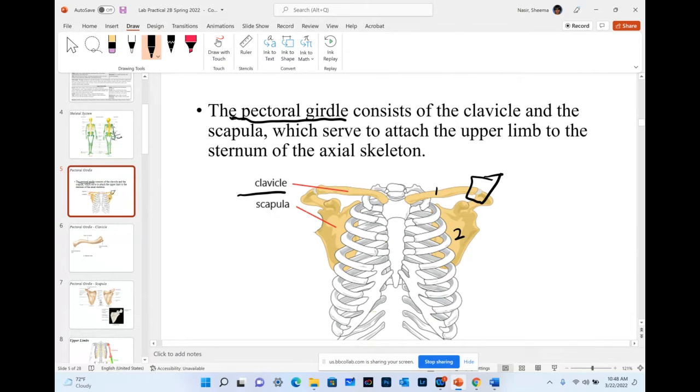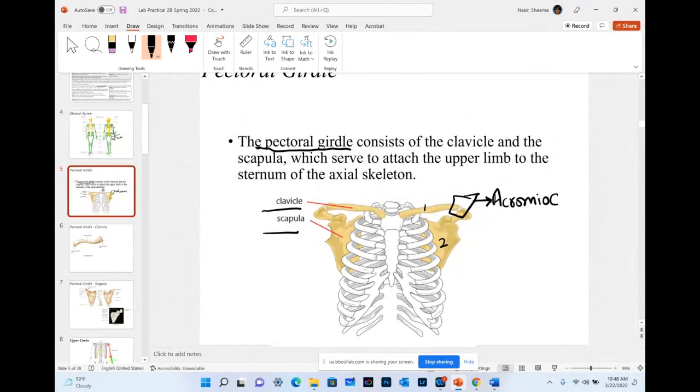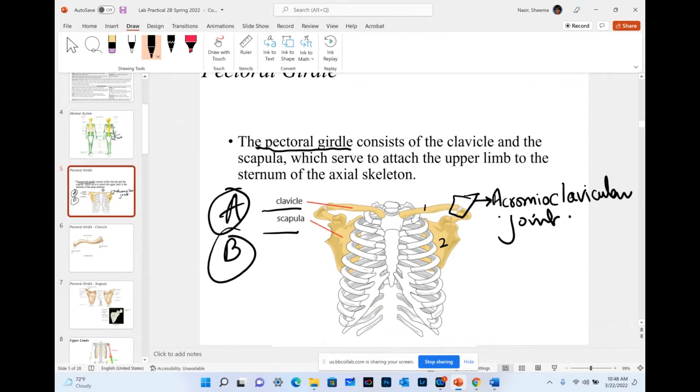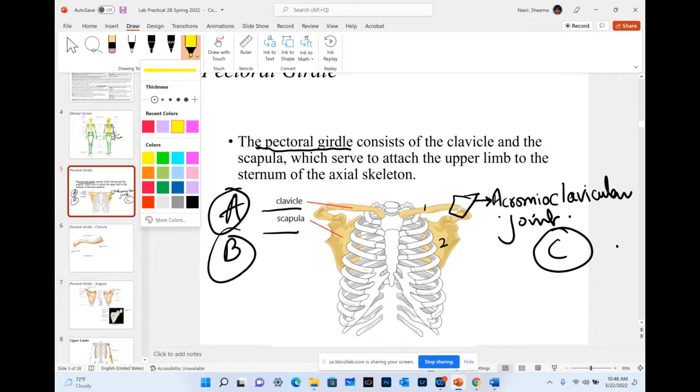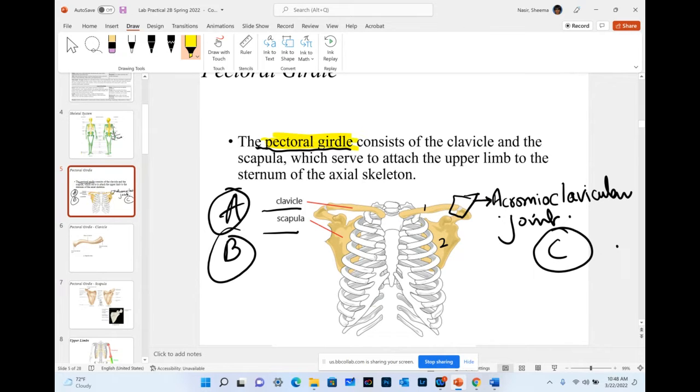So the bone 1 is clavicle, bone 2 is your scapula, and this joint right here that you are looking at is called your acromioclavicular joint. So basically these 3 things make up your pectoral girdle.